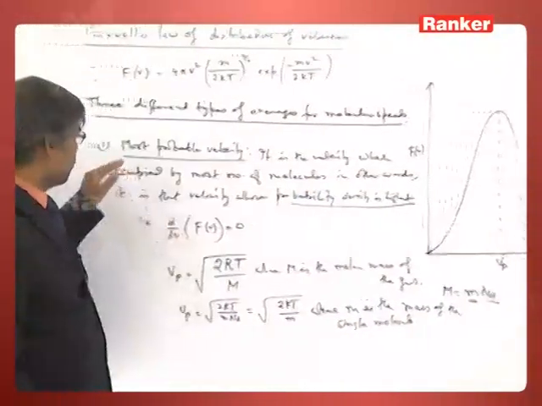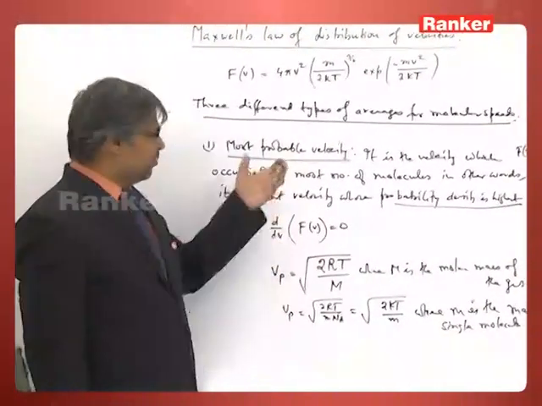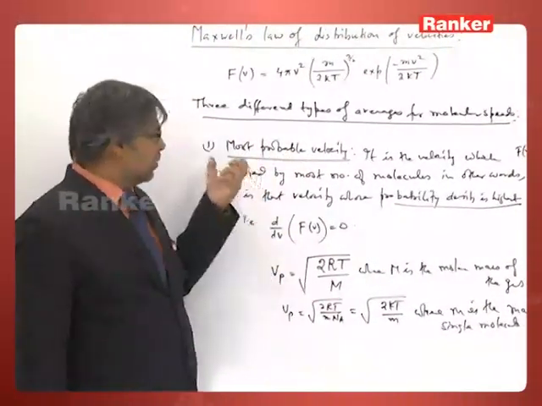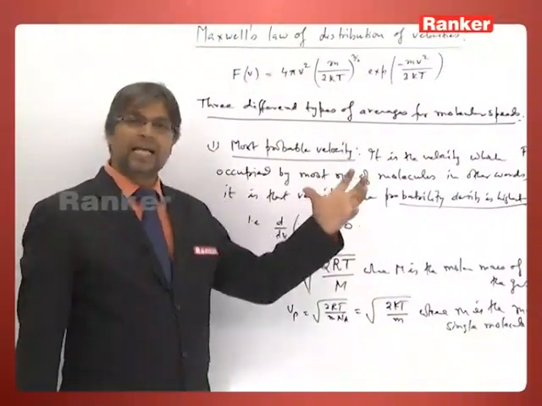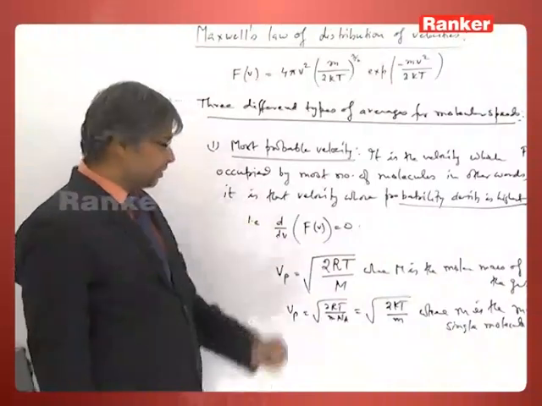So this is one type of velocity, the most probable velocity, which I can define for an ensemble of gas molecules.